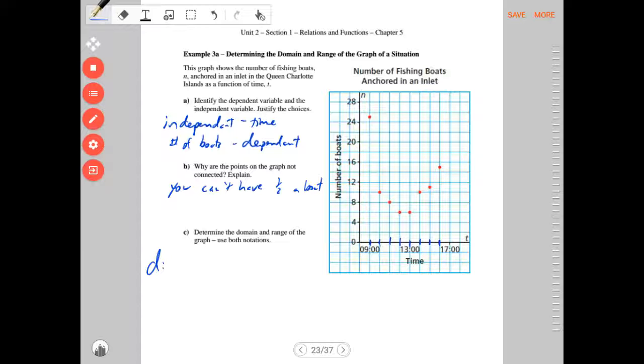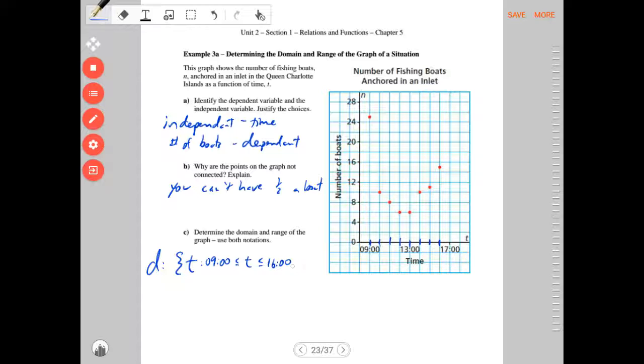Okay, so the domain is, so swirly bracket, time such that, okay, we have 900 hours, so 9 o'clock, or 0900, is less than or equal to time, which is less than or equal to 1600 hours.